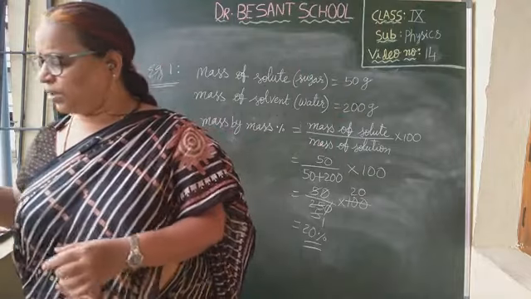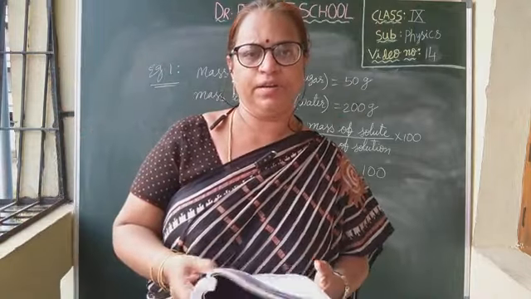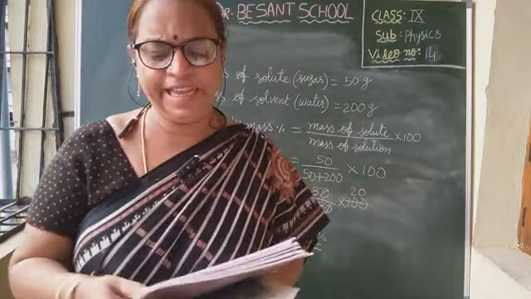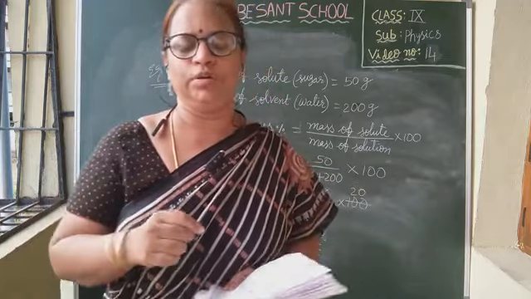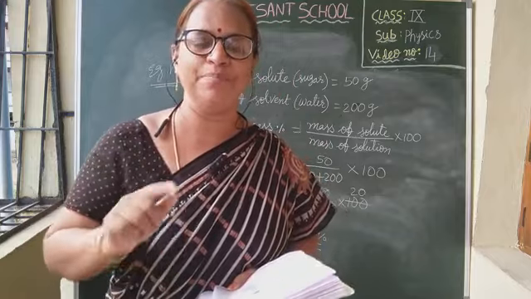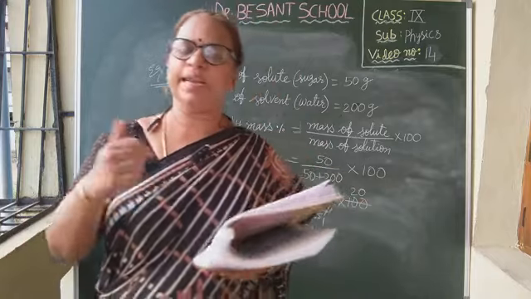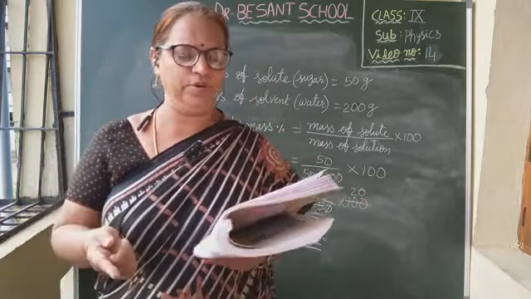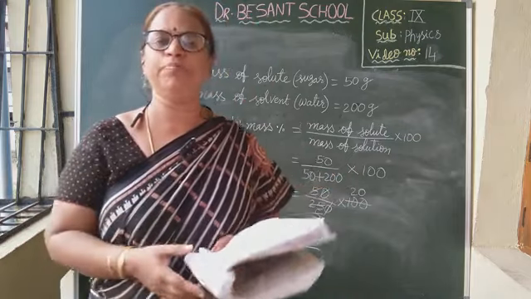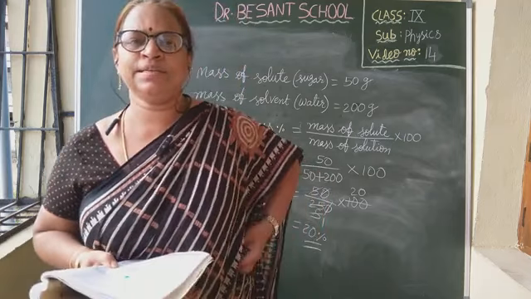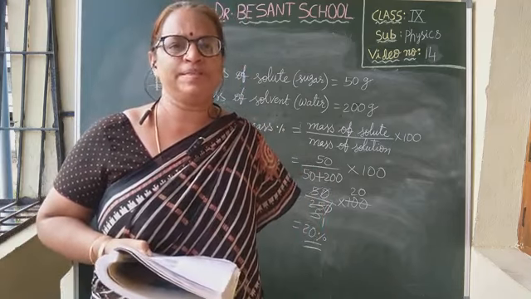Now here example 2 is given, which you will try. Okay, see the question. 80 ml of solution contains 20 grams of solute. 80 ml of solution, ml means volume, and 20 grams of solute, that is mass of solute. Calculate the concentration in terms of mass by volume percentage. It directly asks for mass by volume percentage.